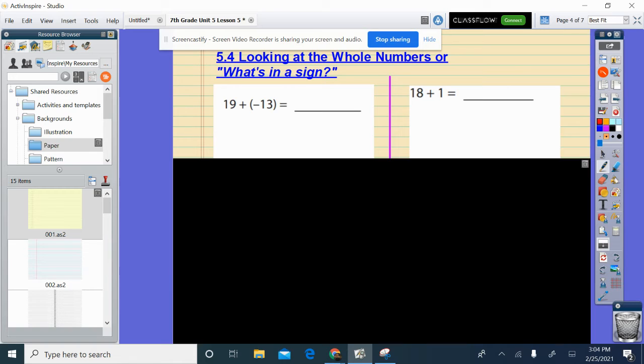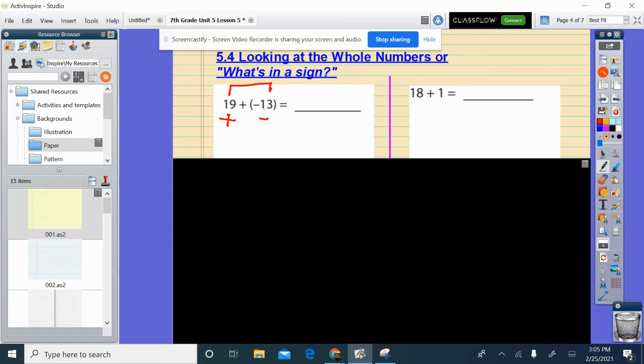But for example, here, what's the answer going to be? When you're dealing with positive and negative numbers, it's nice to have an idea of what the final answer is going to be. Here we have a positive plus a negative. When you have a positive and a negative combined like that, you can look at the numbers and decide what the final sign is going to be. For example, you look at 19 and 13. You don't worry about the sign right now.